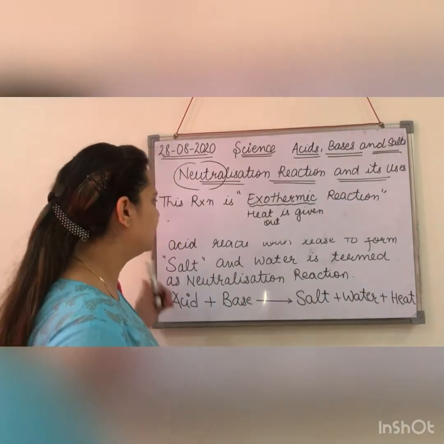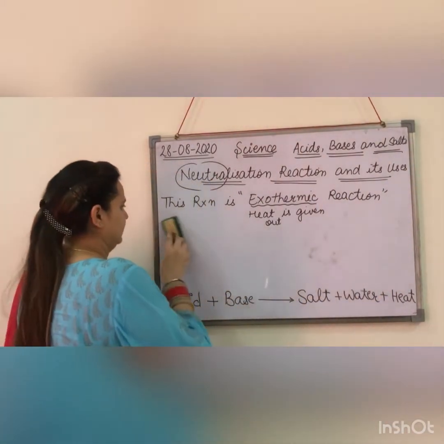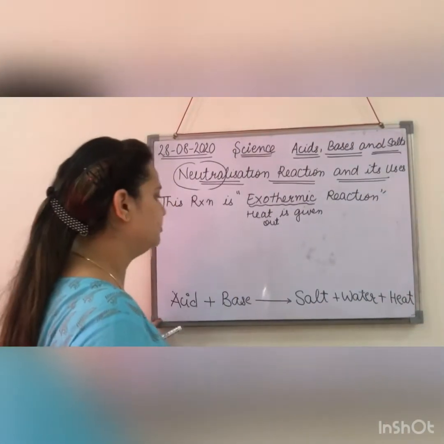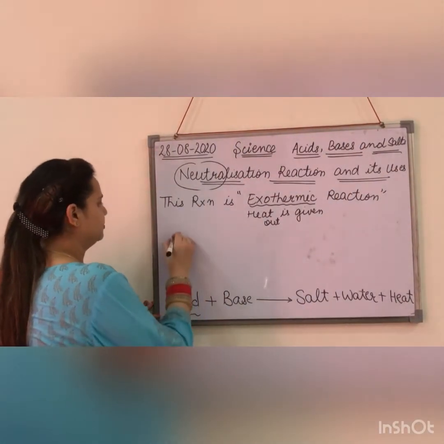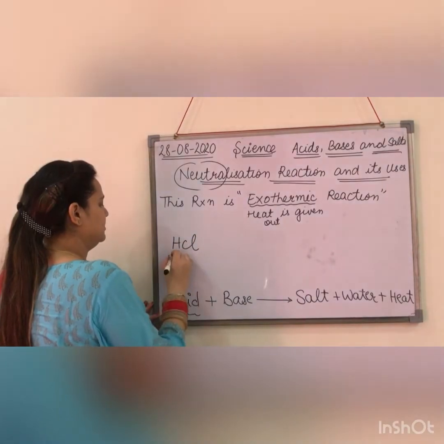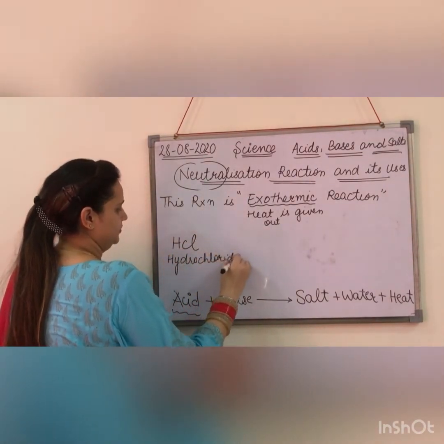Okay, so let's take an example of how we are going to get the salt. Let's suppose the acid we are taking is HCl, hydrochloric acid.